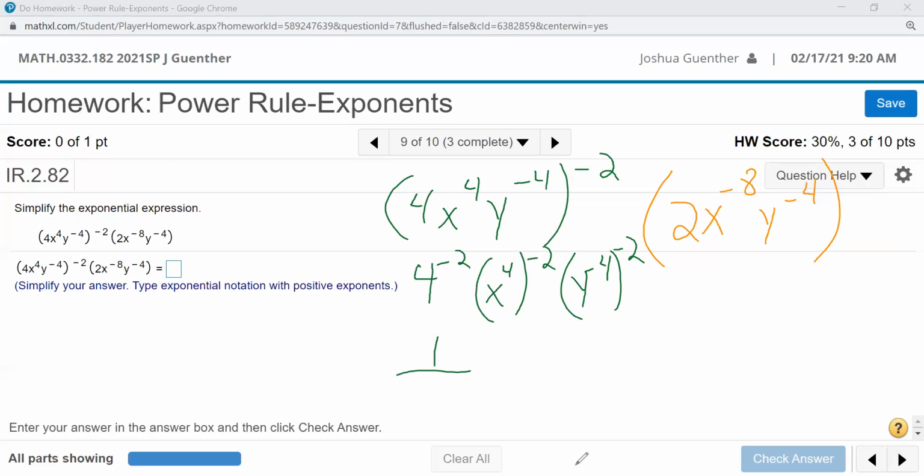That becomes 1 over 4 squared. We have x to the 4th raised to the negative 2. We multiply those powers. And still on top, we have x to the negative 8 for the moment. Here we have y to the negative 4th to the negative 2nd. Negative 4 times negative 2 becomes y to the positive 8th power.